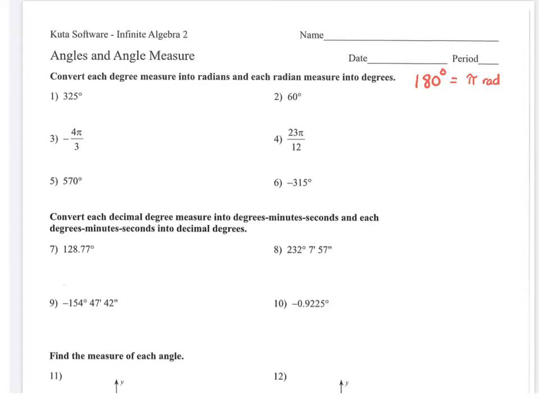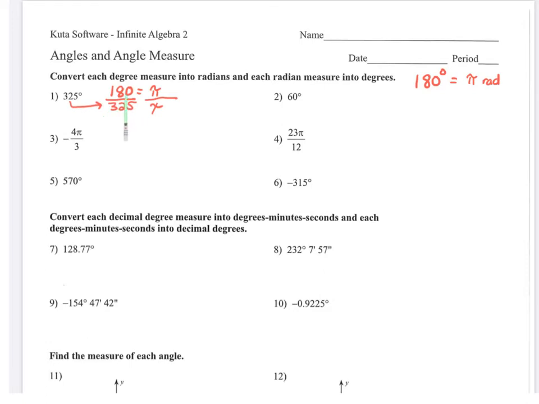So for example, number 1 here, what I usually do is go 180 degrees equals pi radians. Degrees is 180, and this is in degrees, so I would put this under the degrees here. We want to know how many radians are in 325 degrees. Again, we're just doing a proportion.